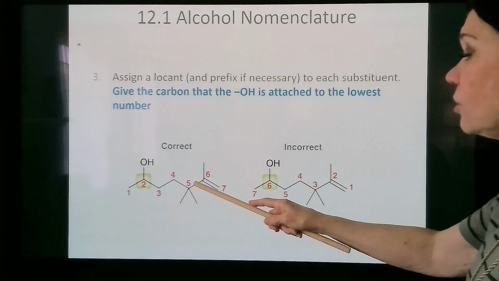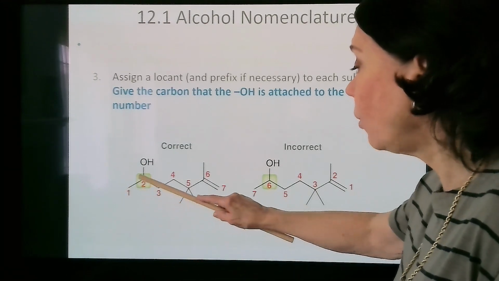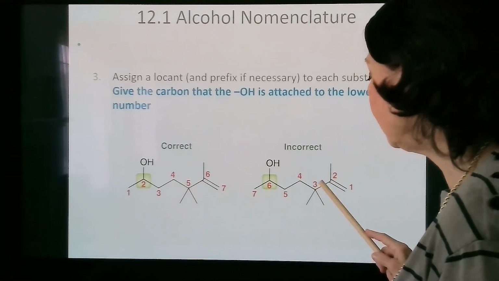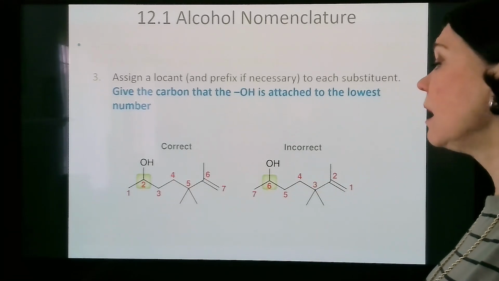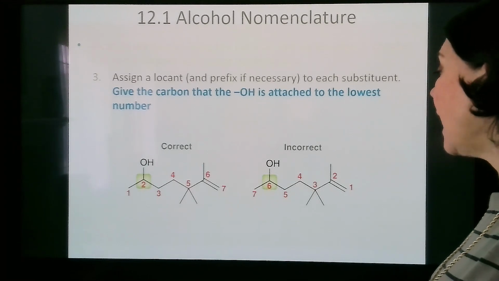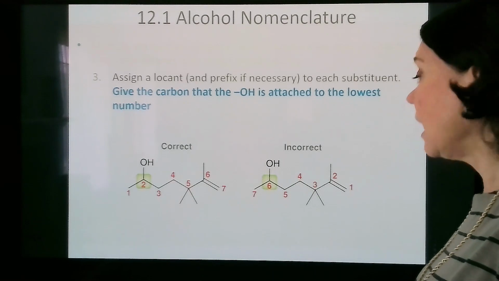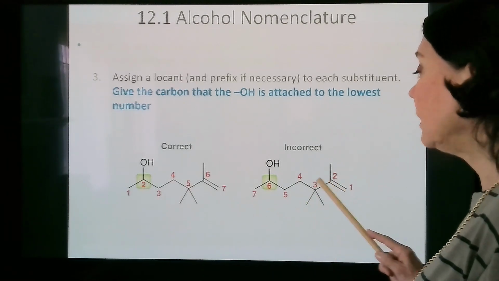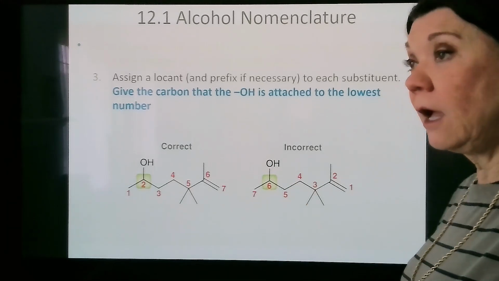So let's look at this. This is a good example to consider. So you can see that this has 1, 2, 3, 4, 5, 6, 7. This is the same molecule redrawn. Count it the other way, so it's 7 carbons in the longest chain. And this is therefore a heptenol.